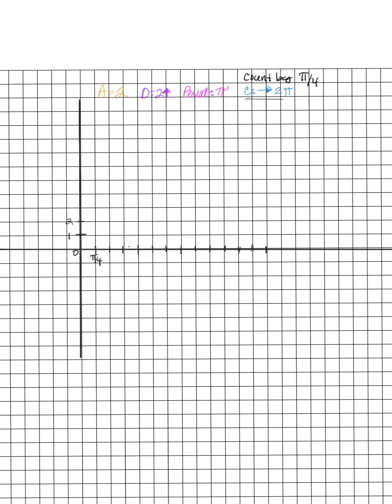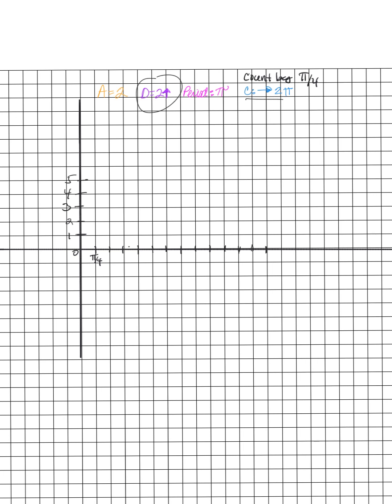And my vertical shift tells me my midline will be y equals 2. So I don't really need the below, because my amplitude is 2. So I'm only going up 2, and then I'll go up to 4. So right here, I'll do 3, and I know I'm going to go up to 4. And let's put this 5 just so we see it.